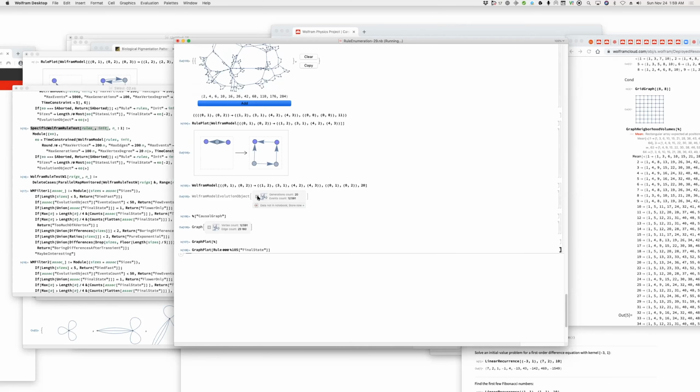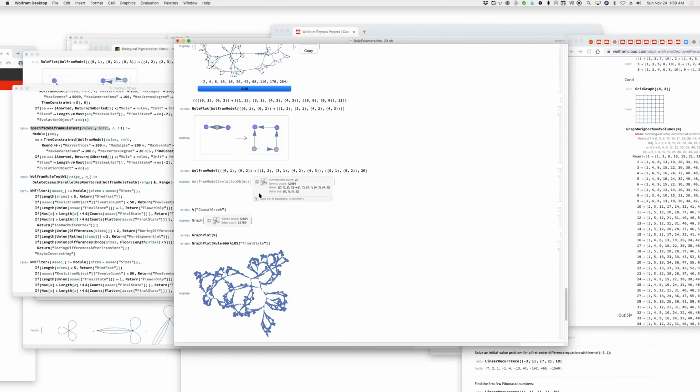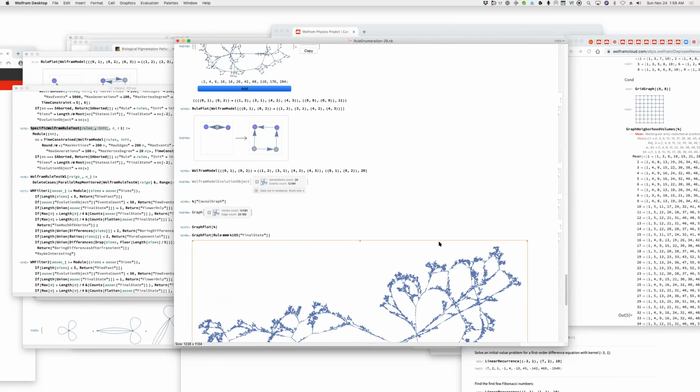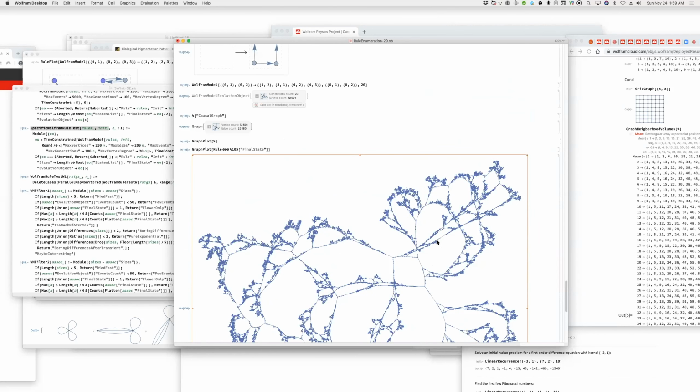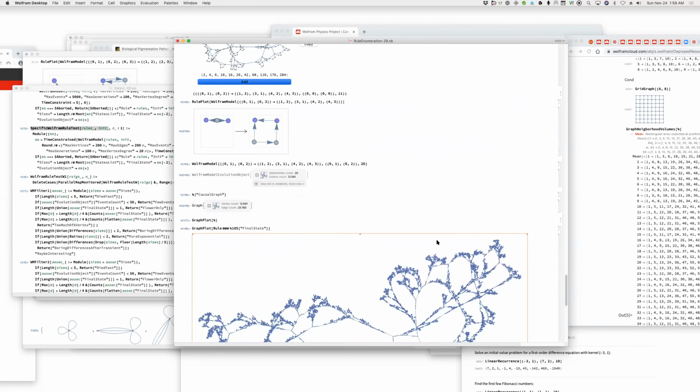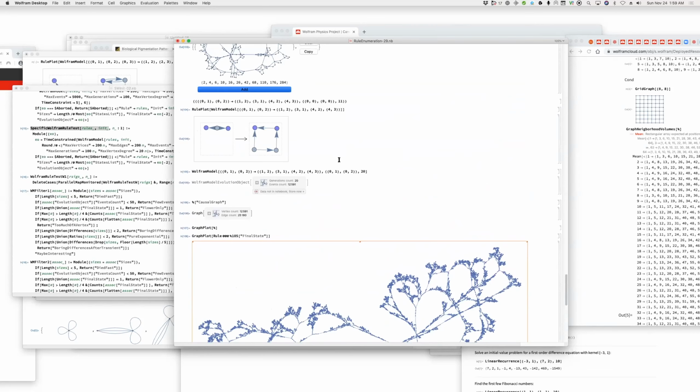Events count. By the way, is it trivial? Would it be trivial in this? Oh, look at that. Okay, you have to admit, that's pretty remarkable. Look at that thing. Look at that tiny rule. It is interesting.